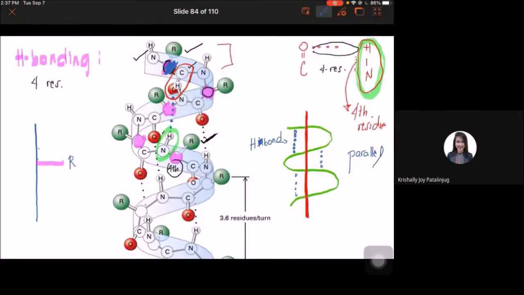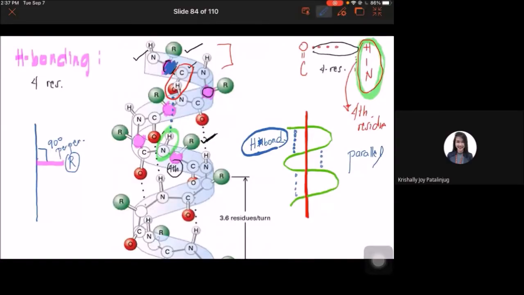This is perpendicular because you form a 90 degree angle. The R group alignment towards the axis of rotation is perpendicular. But the hydrogen bonding, which I asked about and illustrated, their alignments do not connect. They are parallel with each other.